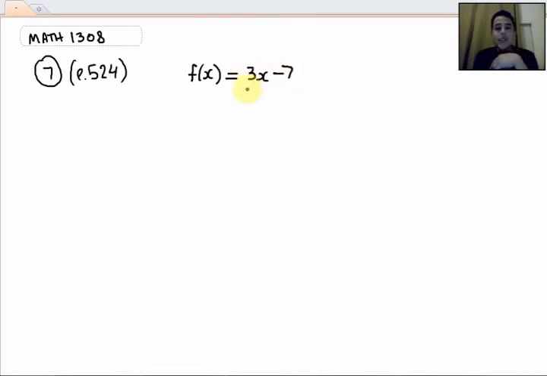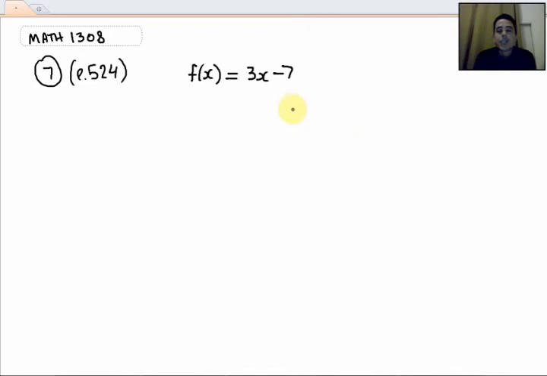This is the y-intercept. We know that this is a straight line that goes upward. The slope is 3. So the slope at any point on that line will always be 3. Okay, so we could answer this question very easily by saying, well, the derivative is 3.